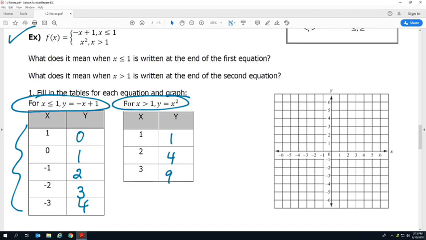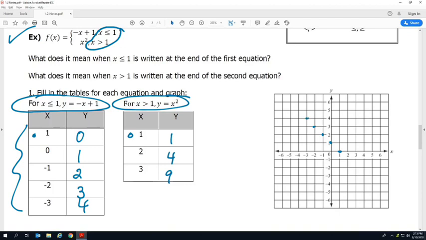I usually put either a closed circle or an open circle where my function gets separated, which is at x equals 1. I need this one to be a closed circle, so I usually will put a little closed circle there, and I'll put an open circle on this one just to remind me when I'm doing the actual graph. So I'm going to graph that. When x is 1, my y is 2. At 0, 1, I have a point.